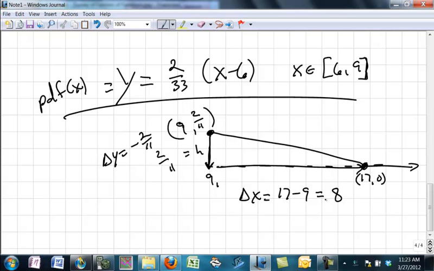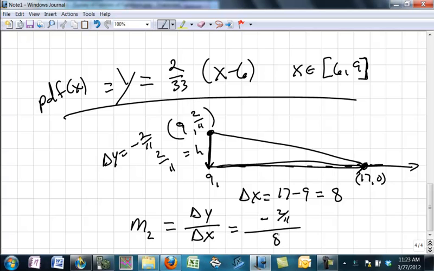Down is negative, up is positive. So notice we're going down and to the right. So the slope, we'll call it slope 2 for this decreasing piece. And of course we know it's going to be negative because it's falling or decreasing there. It's delta y over delta x. So it's negative 2/11 for delta y and 8 for delta x. So it's negative 2/11 divided by 8.